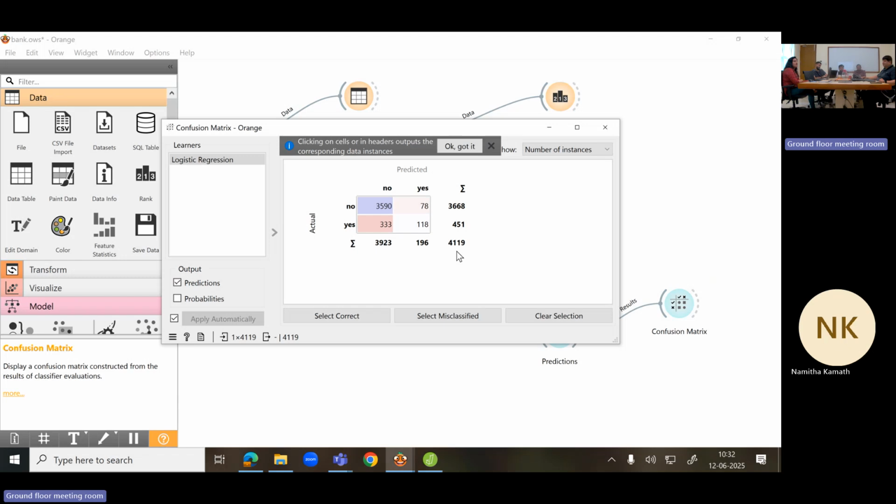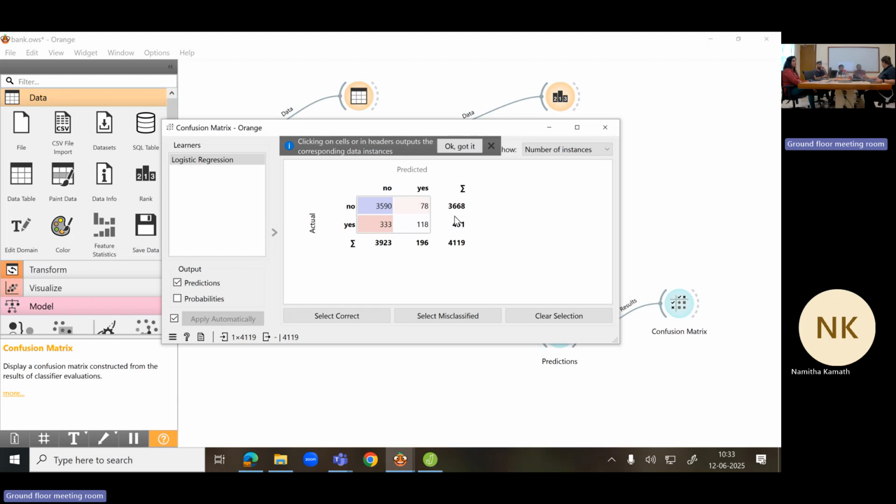See here, out of 4,119, the majority of them have not taken the term deposit. Just like in the flight situation, you decided that your flight will get delayed since most of the flights got delayed. Here also you will say, I don't think that this person will take the term deposit, because most of them have not taken the term deposit. That's how you should think, if you are not using any model.